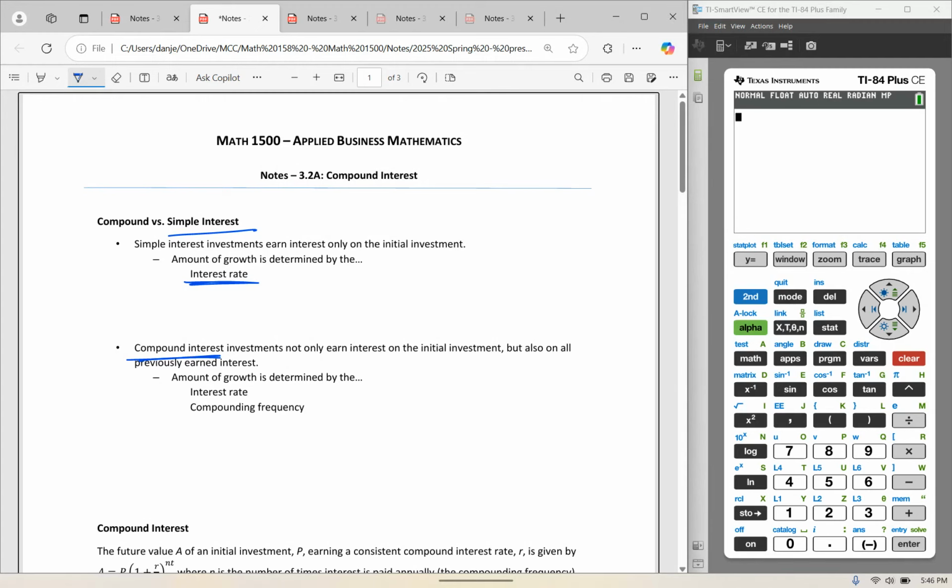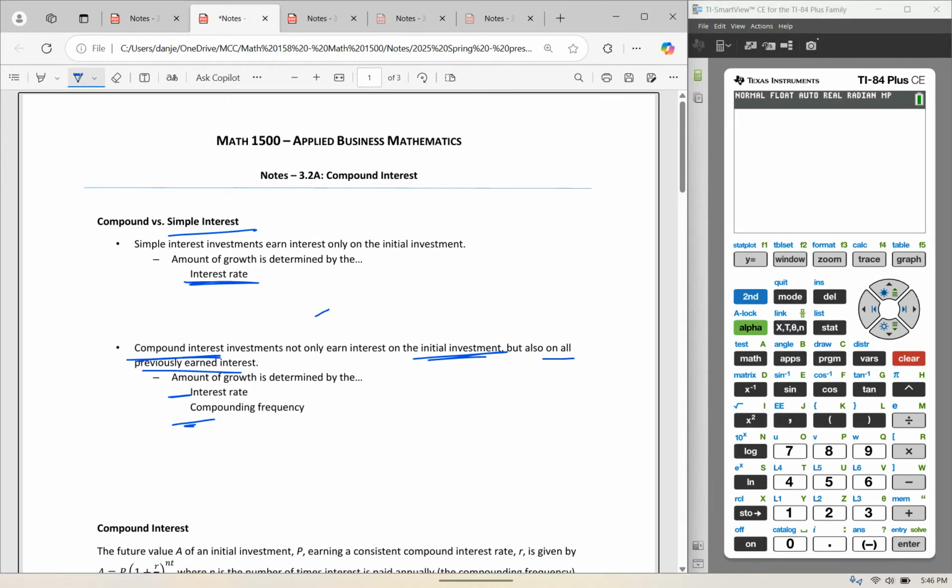In compound interest, not only do we earn interest on the original investment, but we also earn interest on all of the previously earned interest. So the amount of growth is determined by not only the interest rate, but also the compounding frequency. If you think back to the first unit, we talked about linear functions versus exponential functions.